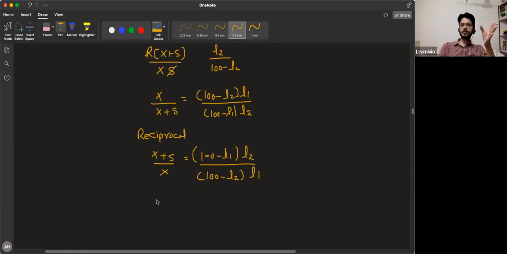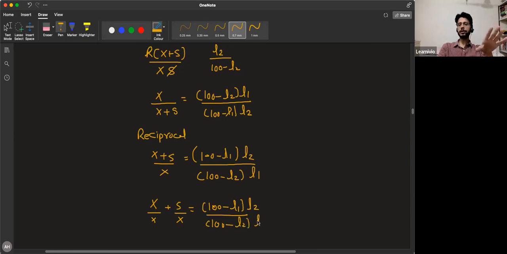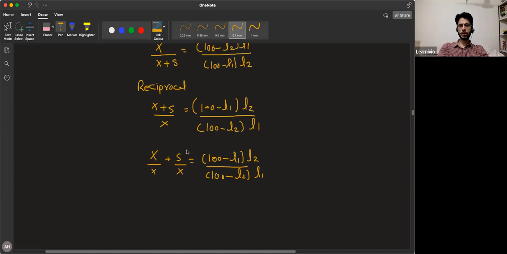Now you can write this as x by x plus s by x, which is 100 minus L1 into L2 over L1 into 100 minus L2. Any doubt in calculation up to this step? Arpit? Minashi? Yes, sir, clear. So this is 1 plus s by x.